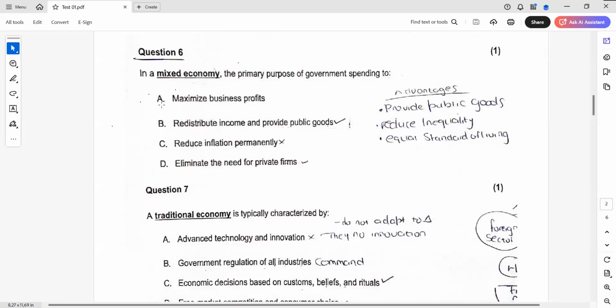In the mixed economy, the markets or the individuals are also there to take care of the people's wants, right? And the government is there to provide for our needs, in the form of providing us with public goods, you know.